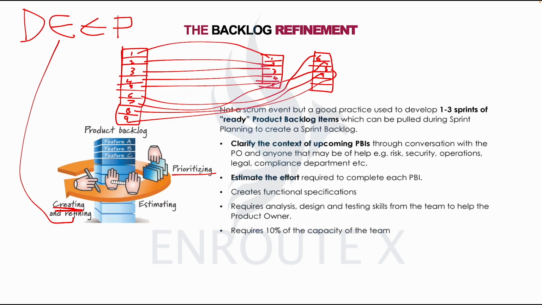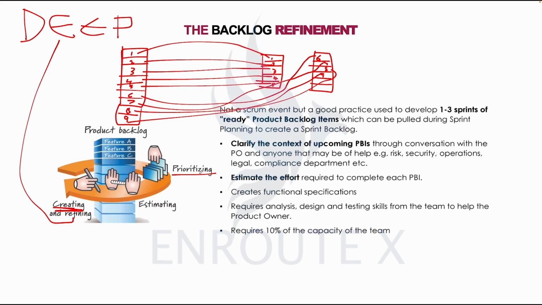So I'll just go through this quickly. Clarify the context of upcoming product backlog items through conversation with the PO and anyone that may be of help. Of course that is to identify all the risks, the assumptions, the security challenges, and all the detail that is needed. Where you need other stakeholders to ensure clarity, you get that done.